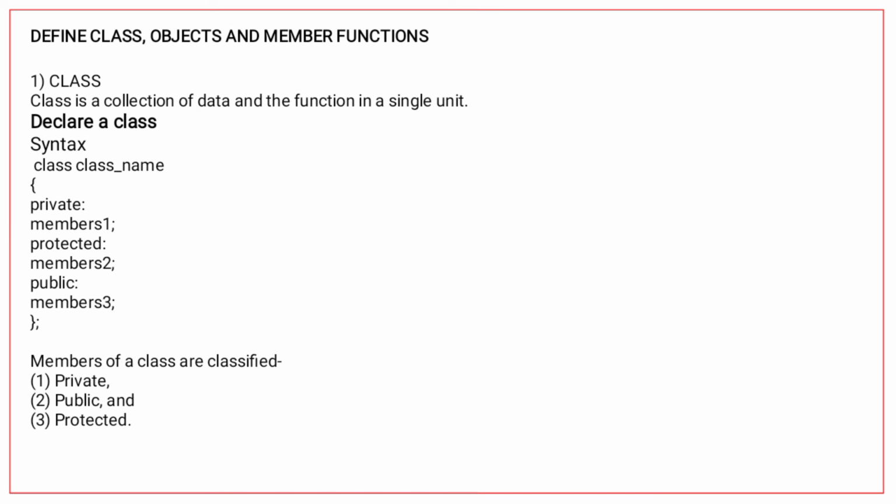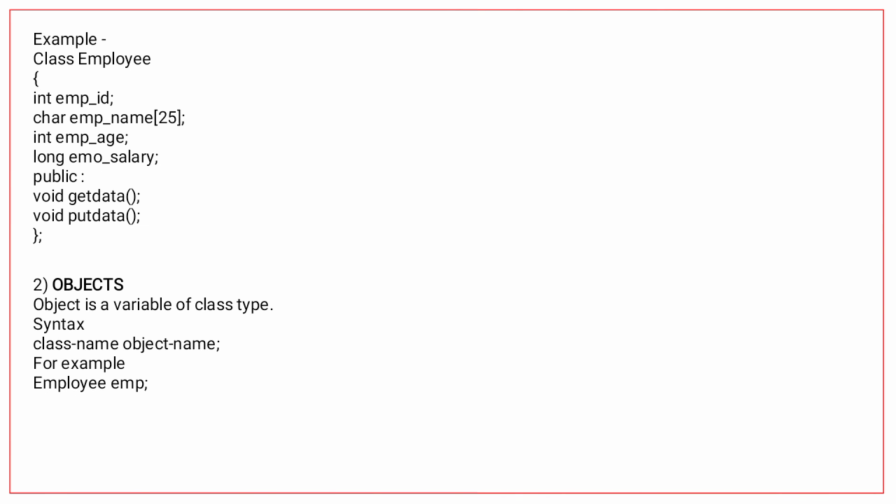Now consider an example for create employee class. Class employee opening curly bracket integer emp underscore id. Now in this example, employee is the class name, employee id is the data member, and the data type is integer. Next data member is emp underscore name and the data type is char.